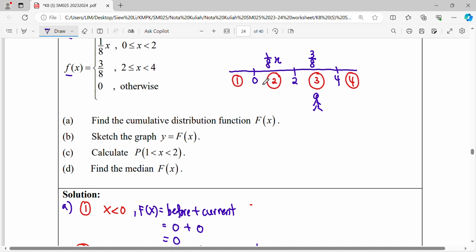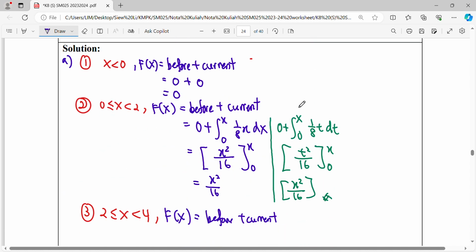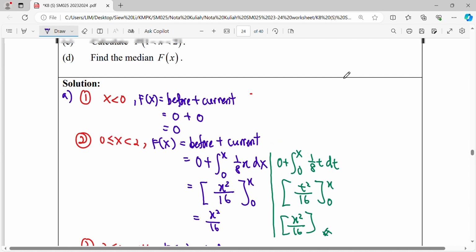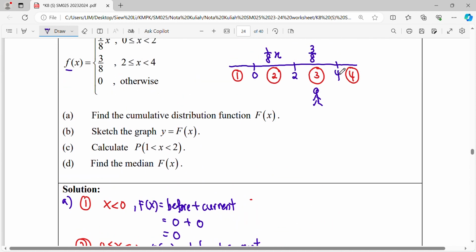You already accumulated up to the value of 2. So before this, you already accumulated random variable as much as x until 2. Currently you are on 2 to 4, but 4 we haven't reached. We haven't come to the end of the interval, so we're still in the middle of the current interval.